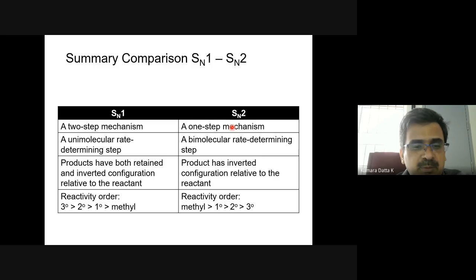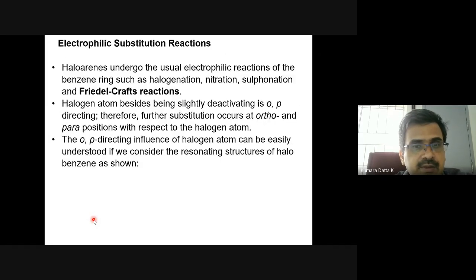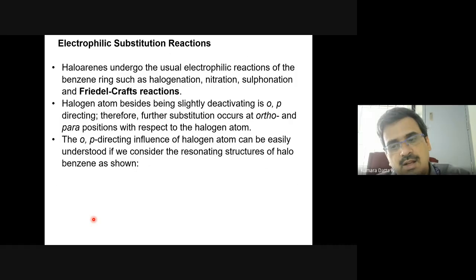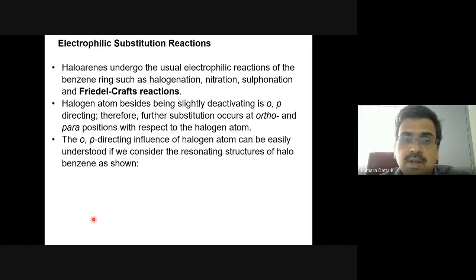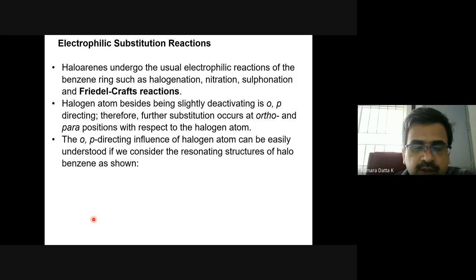Now, let us move on to the other set of reactions. Instead of nucleophile, let us take electrophilic substitution reactions. Can someone give me an example of electrophilic substitution reactions?